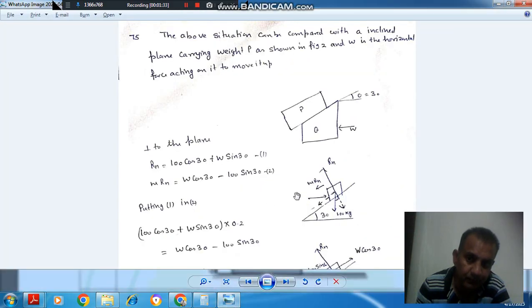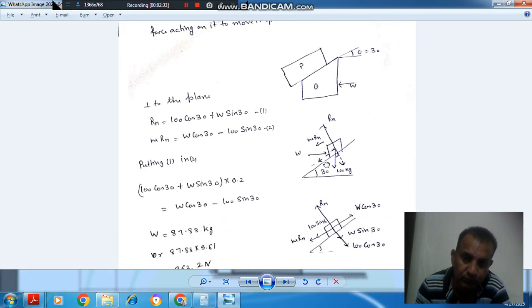So we can assume that if W is acting here, then this can act as an inclined plane for P. So this is P and this is your Q. Inclined plane is Q, and W is the horizontal force applied to move the block P up on inclined plane Q. At this condition the forces acting are the weight of P, that is 100 kg, Rn is the normal reaction, mu Rn is the force of friction, and W is the force applied.